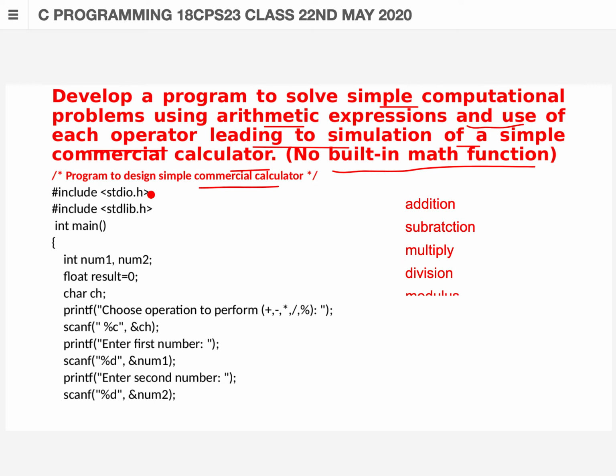So here these are the basic two header files used repeatedly. #include <stdio.h> is nothing but standard input output .h. This stdio.h file contains the printf function as well as the scanf function.